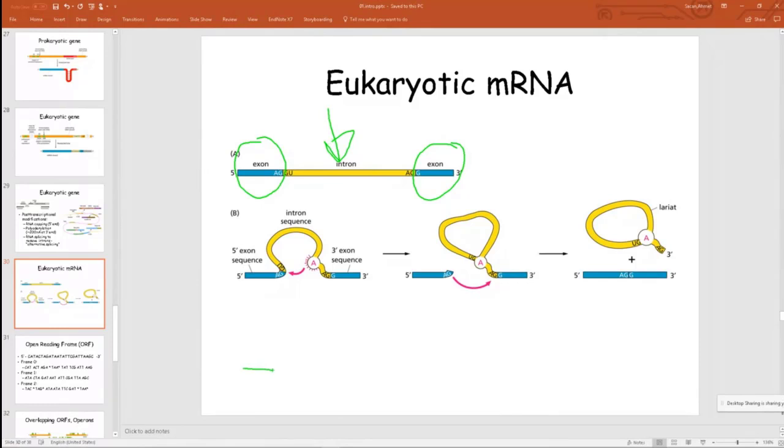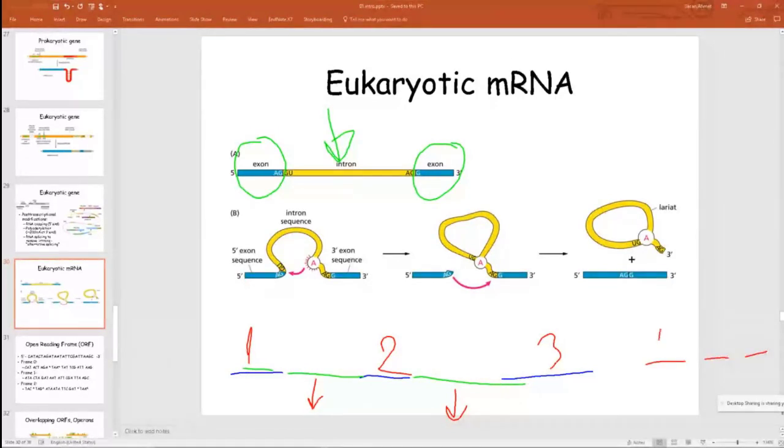If you have, say, 3 exons in an RNA molecule and two introns, we have something called alternative splicing. So what could happen is we could remove this one and that one separately, and we'll end up with exon 1, 2, 3 in the final mRNA molecule.